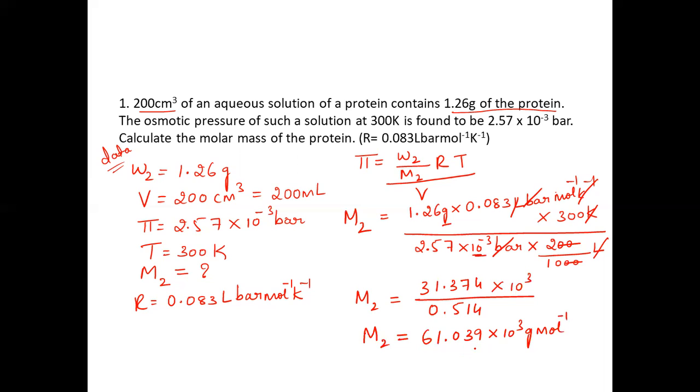Or else the value can also be written as M2 is equal to, if you multiply with this exponential form, that is 1000, then your answer will be 61,039 grams per mole. Since it is a protein, it is a polymer and has high molecular mass. Therefore, this is the molecular mass of the given protein. I hope you understood. If you have any doubts, you can ask me later.